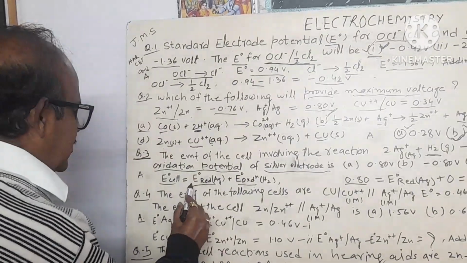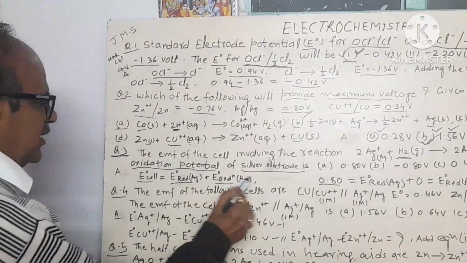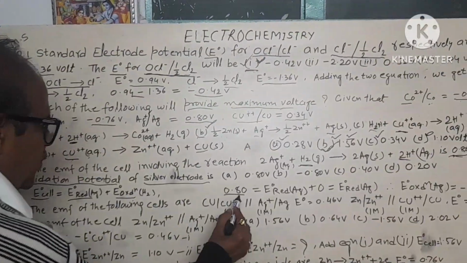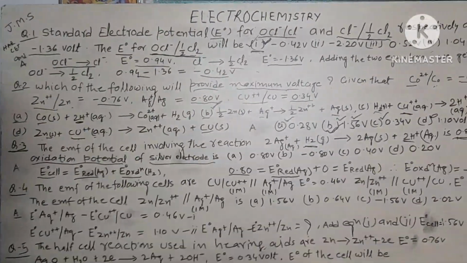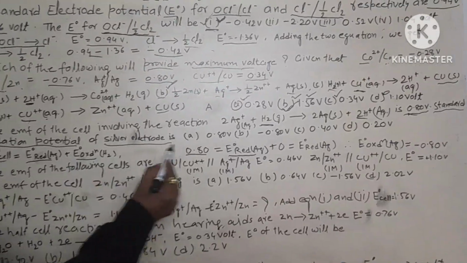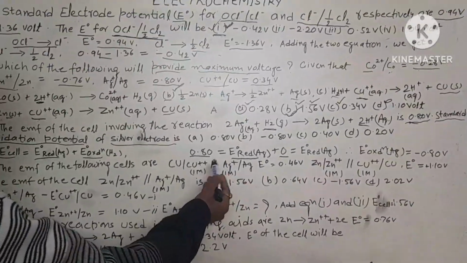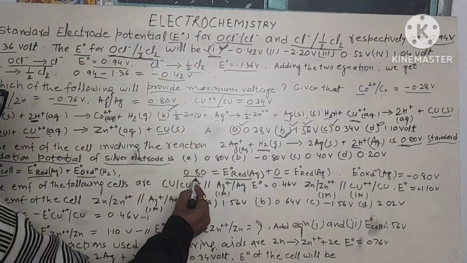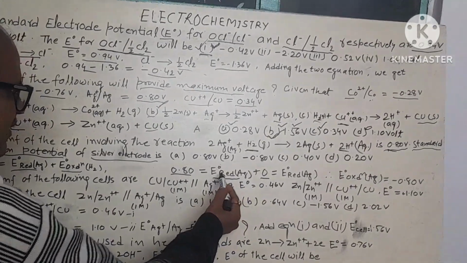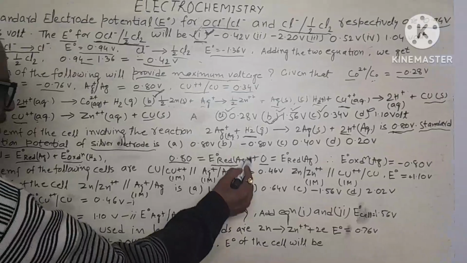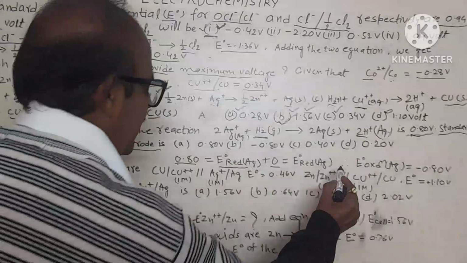Then E reduction for silver: for the cell it is given 0.80, and silver you want to calculate, and for hydrogen it is already 0. Then the reduction potential plus 0, you remove the 0, and only the reduction potential of silver remains, and that is equal to 0.80.